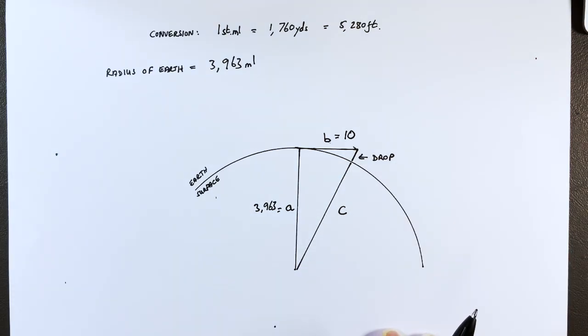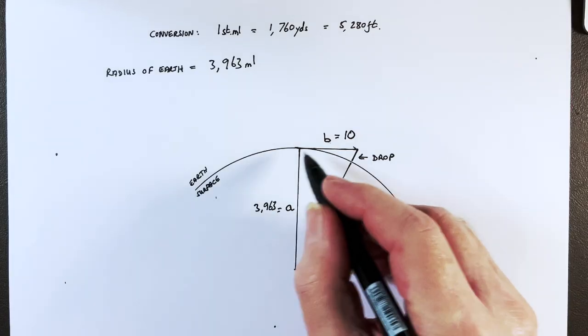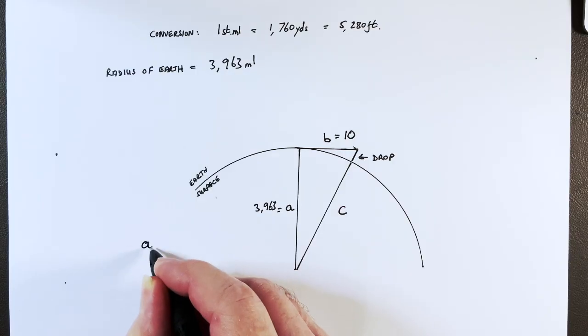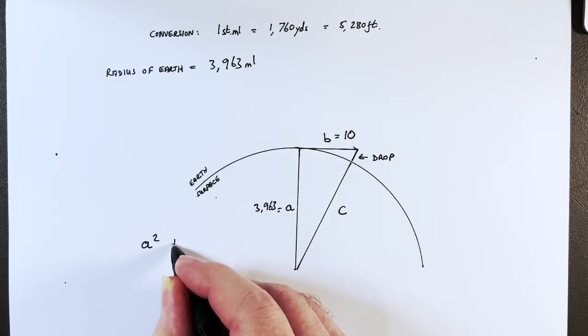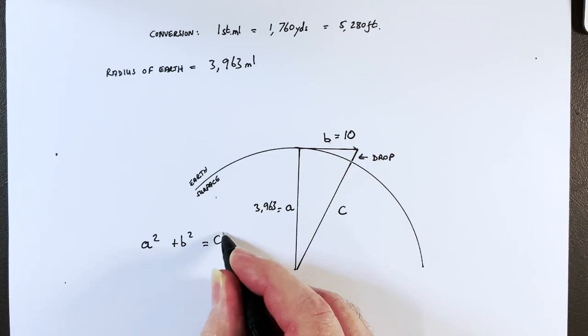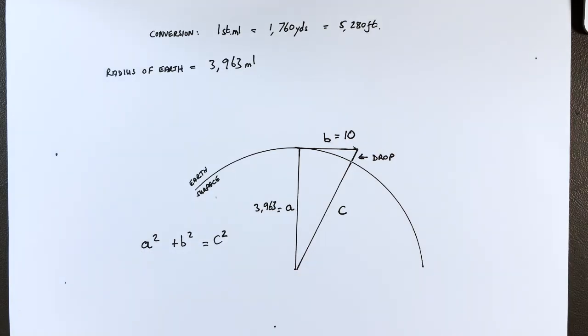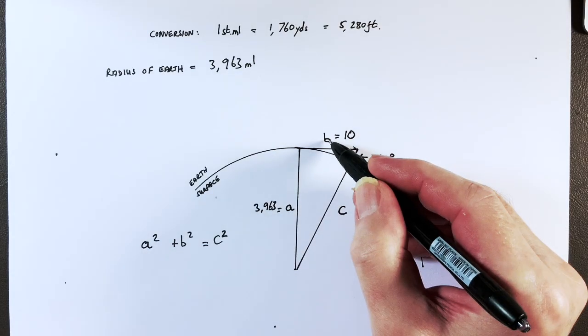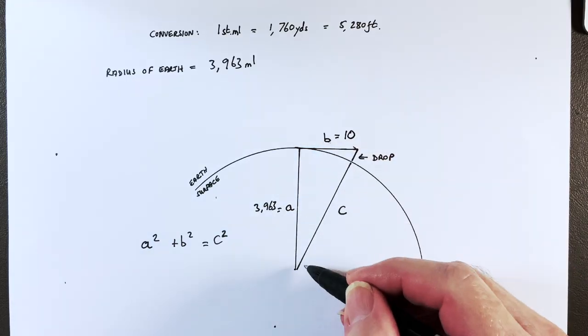And we have here now a right-angled triangle, which brings us to Pythagoras. And Pythagoras says, with a right-angled triangle, that a squared plus b squared equals c squared. This is one of the basic formulas of trigonometry. So this distance squared plus this distance squared equals this distance squared.